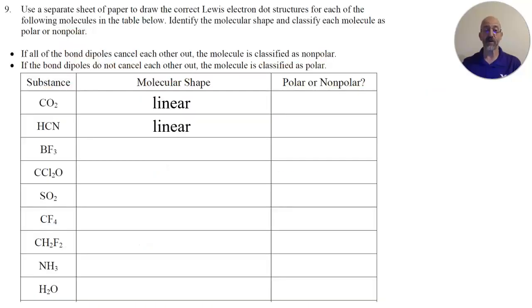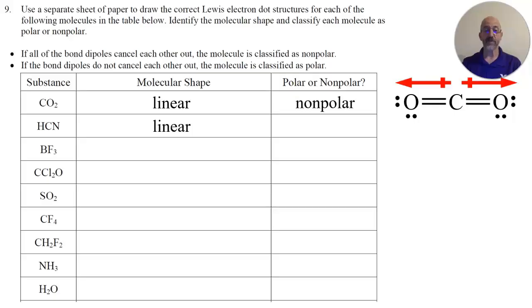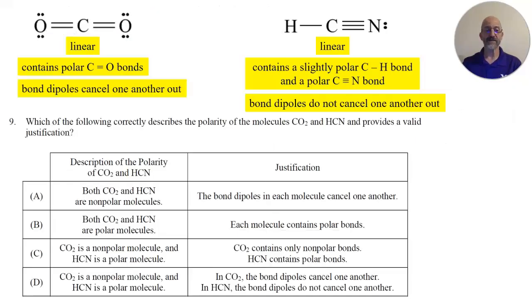So again, in my video for topic 2.7, I showed CO2, in which the dipoles are pointing in opposite directions and they cancel one another out. That's a nonpolar molecule, but in HCN, they are not going to cancel each other out, so that molecule is polar. So the correct answer to question 9 is either choice C or D.